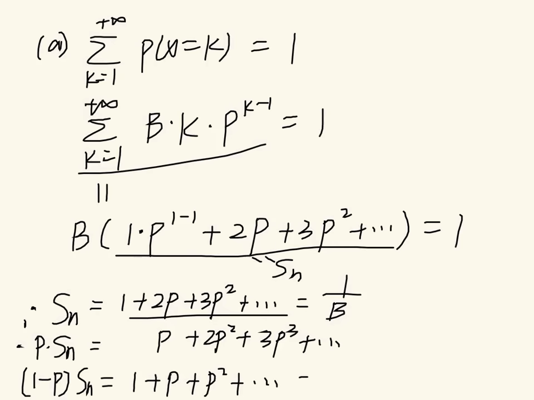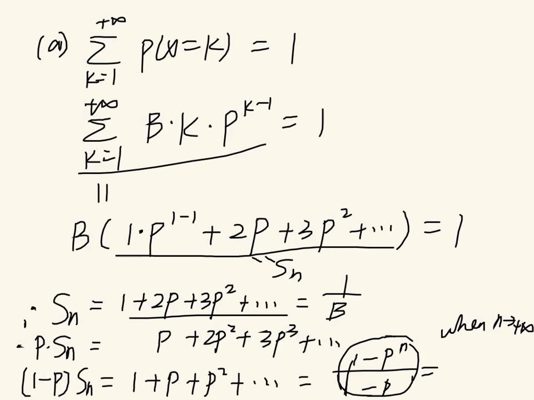That is equal to 1 minus p to the power n over 1 minus p. When n approaches positive infinity, this term equals 1 over 1 minus p.